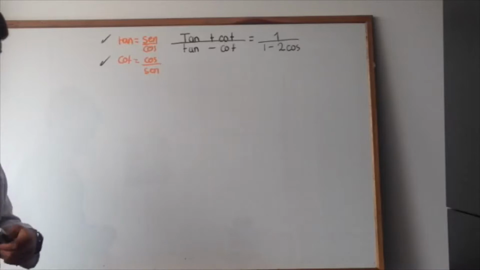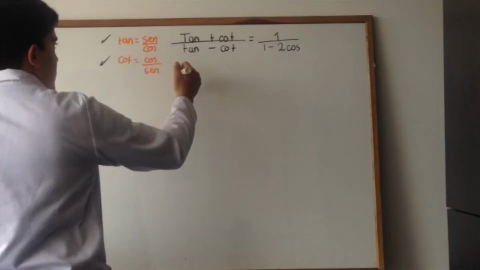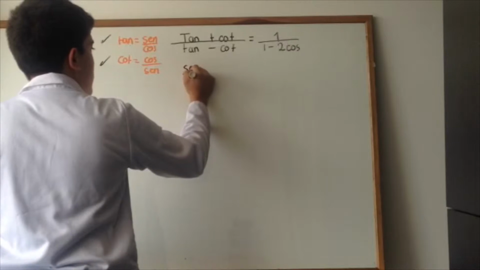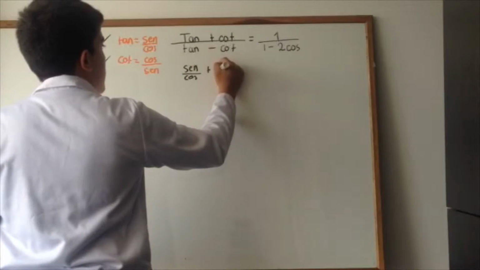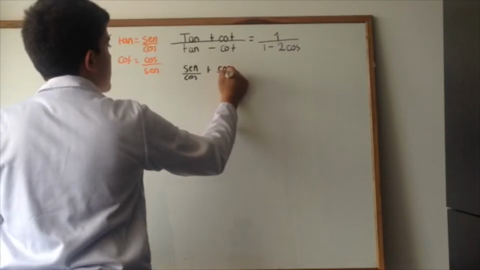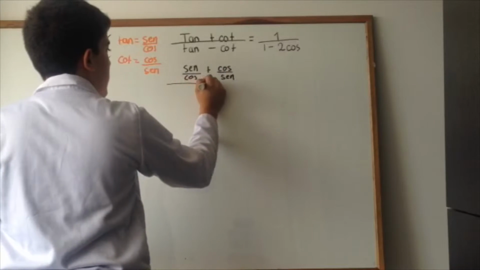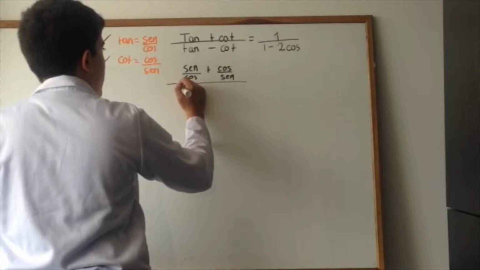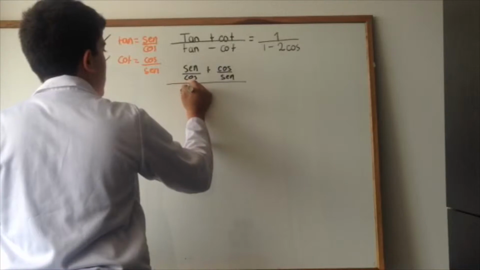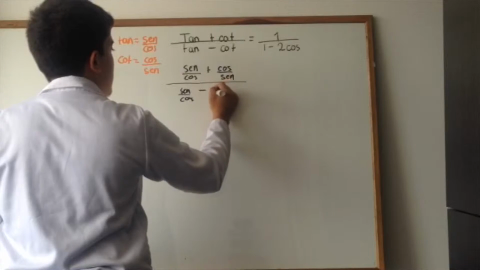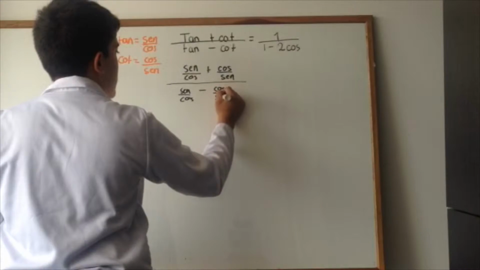So we have sine divided by cosine plus cosine divided by sine, all of them divided by sine divided by cosine minus cosine divided by sine.